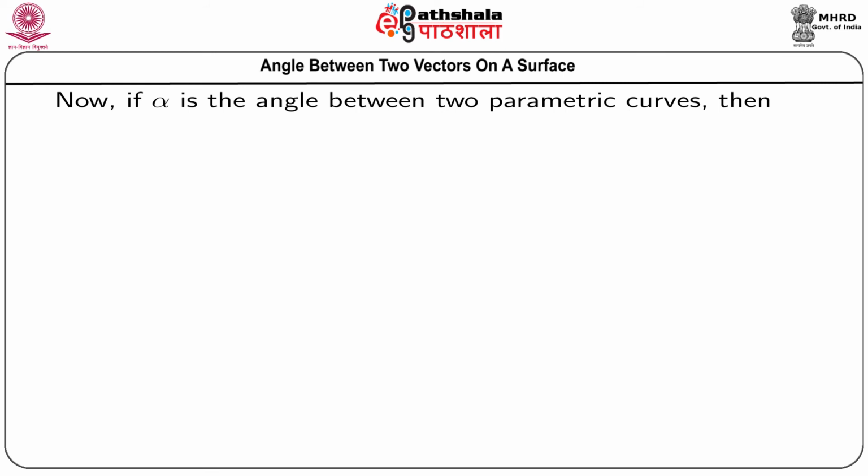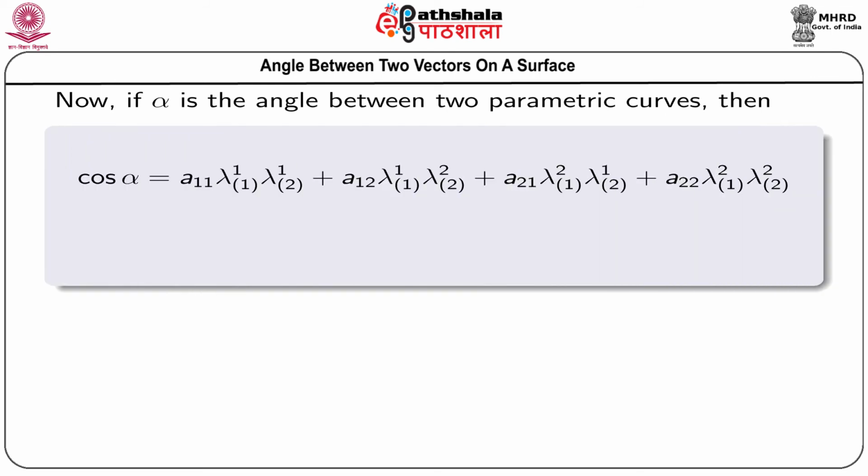Now, if alpha is the angle between two parametric curves, then cos alpha will be equal to a11 lambda 11 lambda 12 plus a12 lambda 11 lambda 22 plus a21 lambda 21 lambda 12 plus a22 lambda 21 lambda 22.